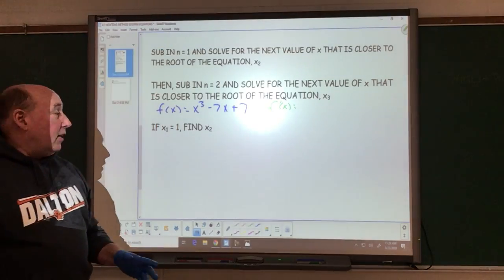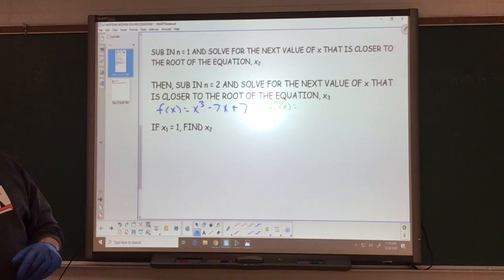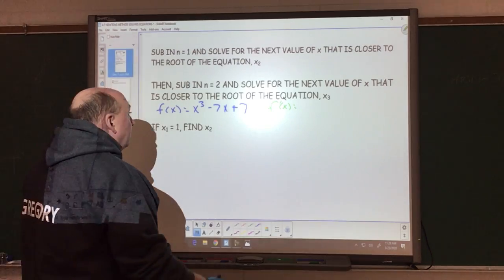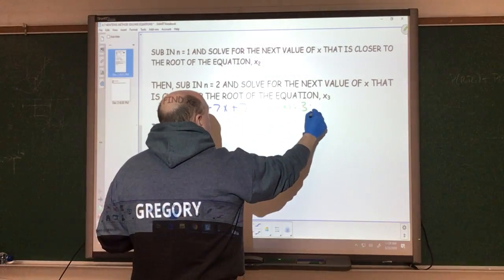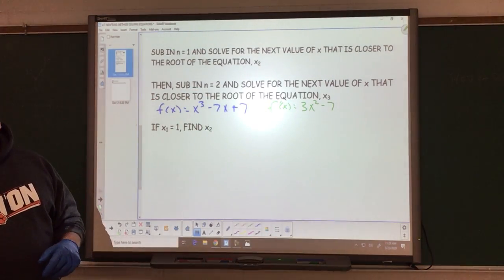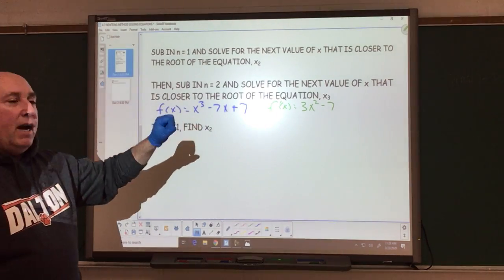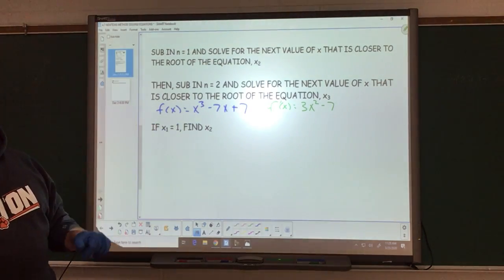So go ahead and take the derivative of our function. We have 3x squared minus 7. That's our derivative. We need these two functions here.